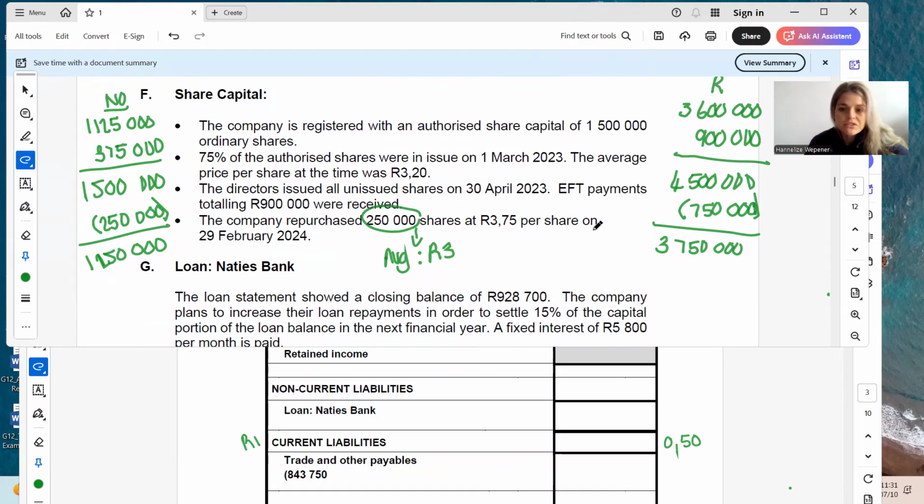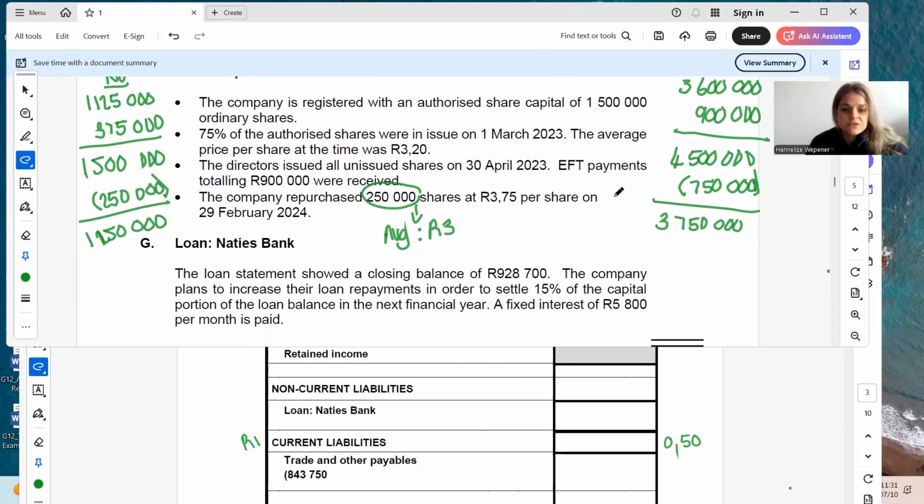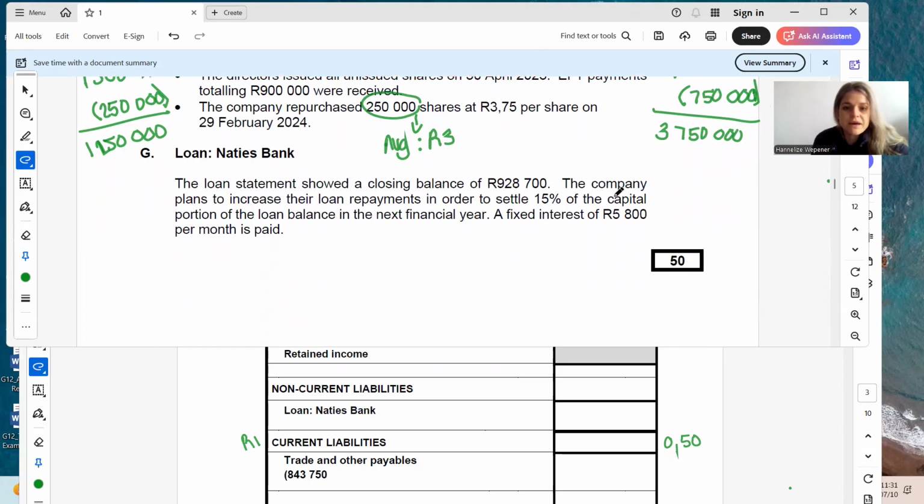Okay. Right, so that just gives us an idea of our share capital. Then the loan statement showed a closing balance of this. So you need to show whatever the loan statement has as a closing balance, that is also your closing balance. The company plans to increase their loan repayments in order to settle 15% of the capital balance of the loan in the next financial year.